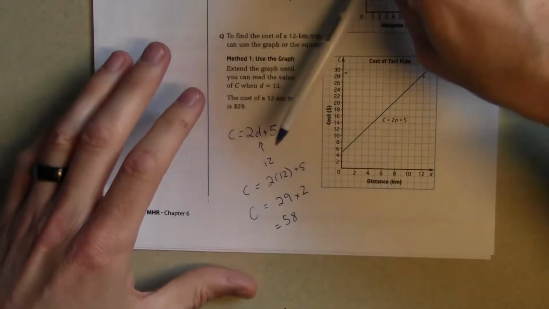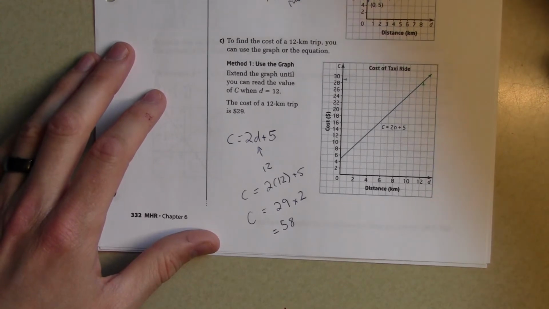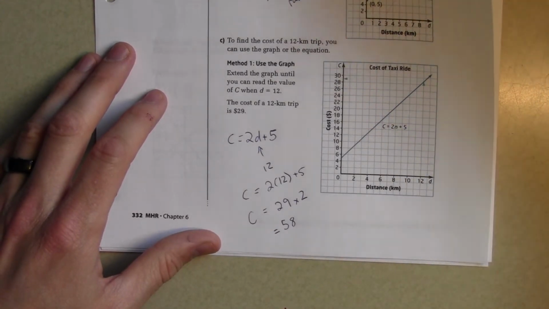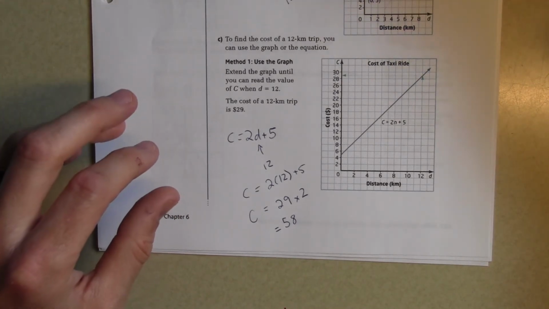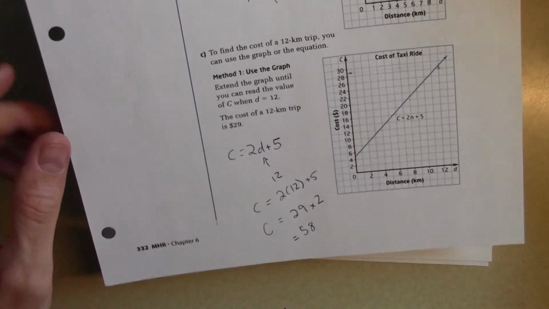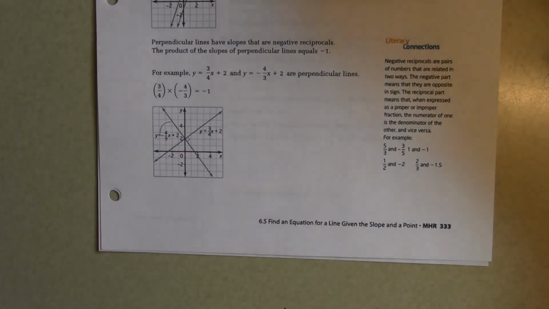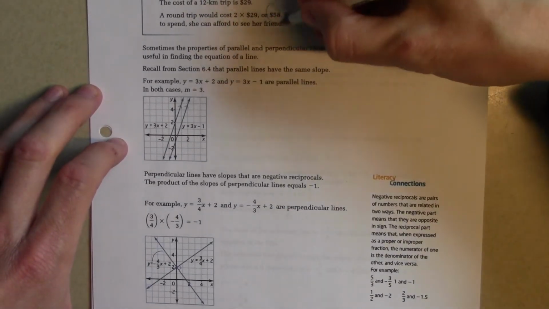Because as stuff gets more complicated, you won't always be able to do that. Tyler? I was just going to say, I got confused about the round trip, because I didn't know what they meant by it. You guys haven't heard that expression? No. I thought round trip was like she's going from her work to then here. No, it just means there and back. Okay, there's the $29 times 2, 58, so she's good.